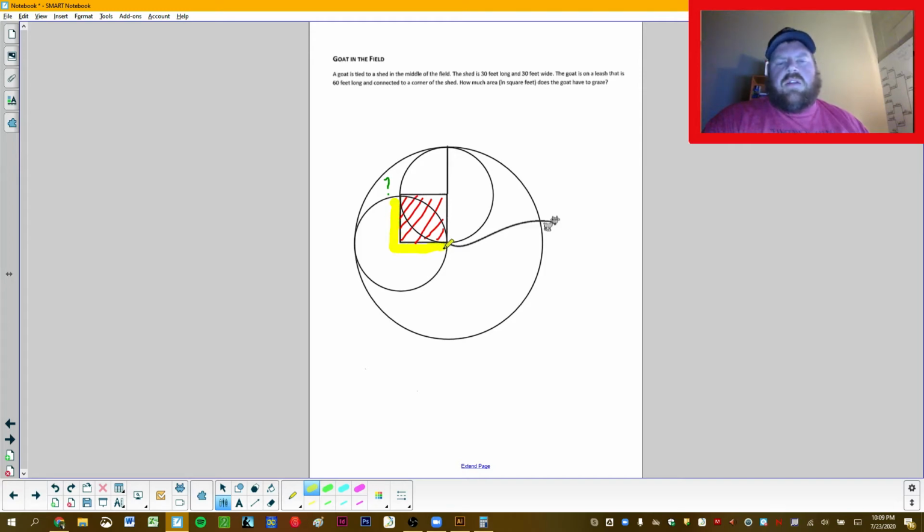It can't touch the shed, but it can hit all of this circle, everything in this circle that's not the shed. And then it can touch everything in the big circle that's to the lower right of those other two circles. So it can go anywhere up here.